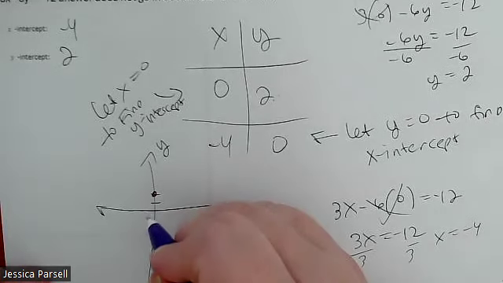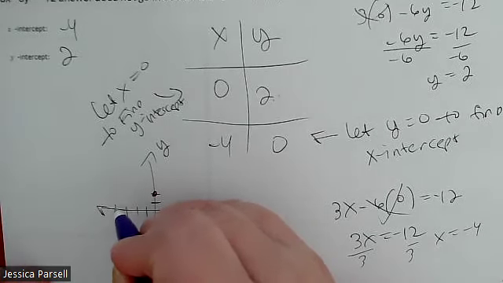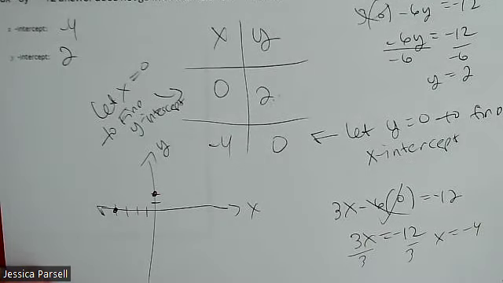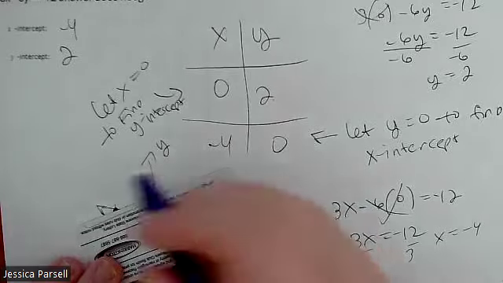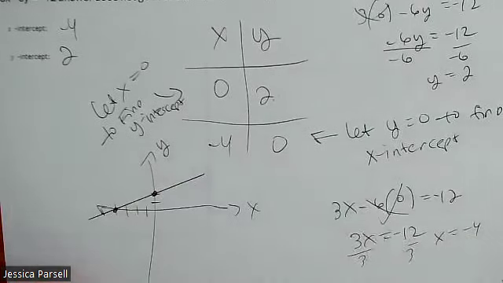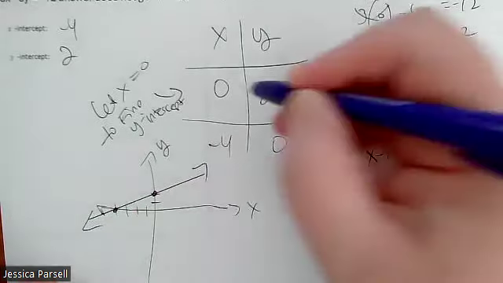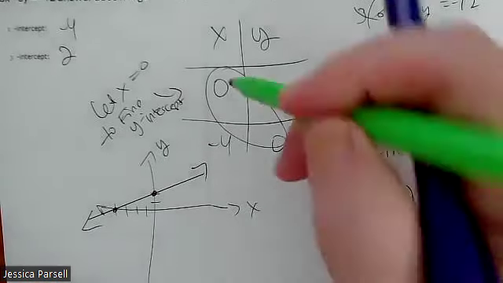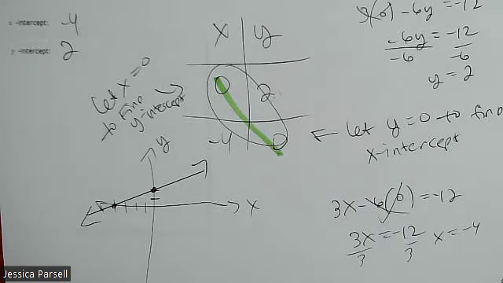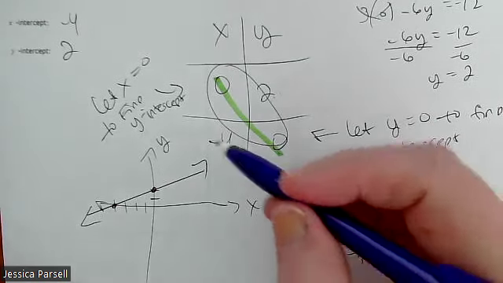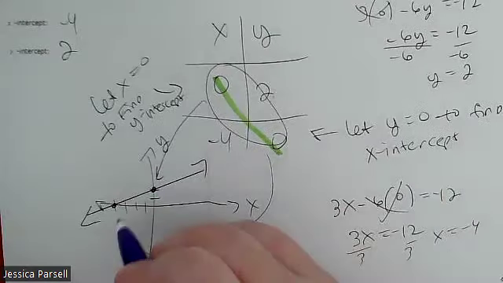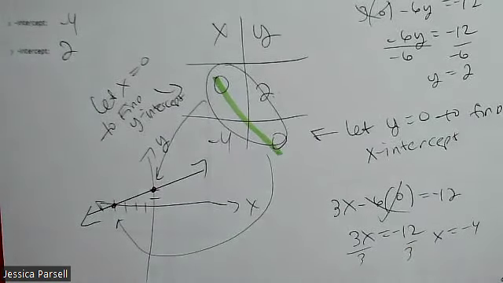If we were to graph this, we'd come over 1, 2, 3, go to negative 4, don't go anywhere on the y, and we'd have a line that looks like that. So when they ask for specific places, those intercepts, you've got to use these zeros here. This is your y-intercept, and this is your x-intercept.